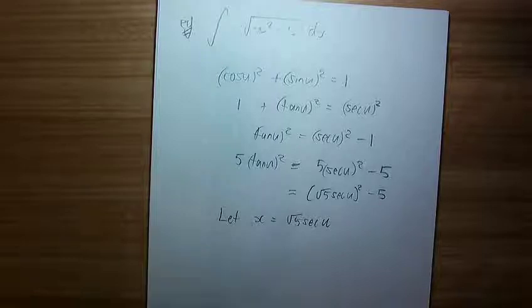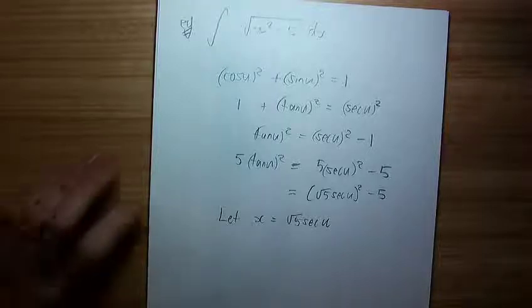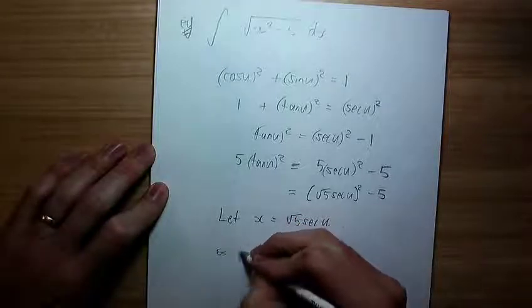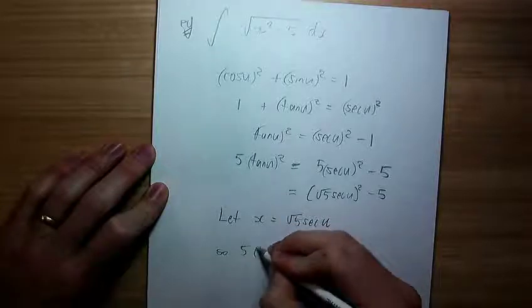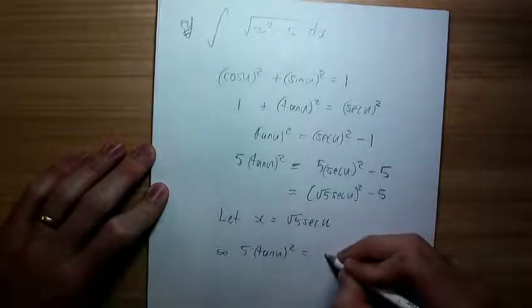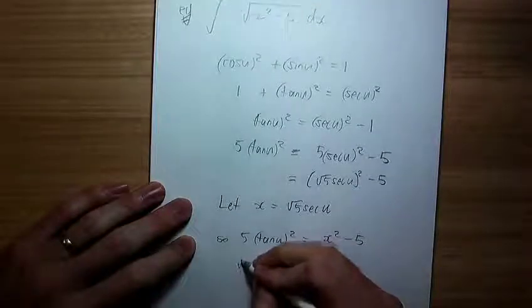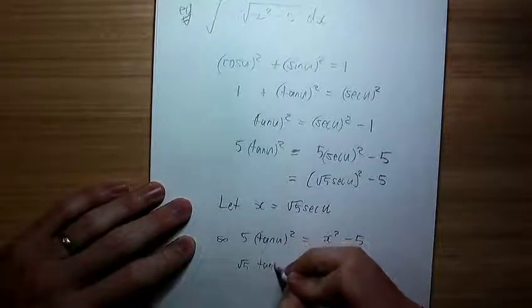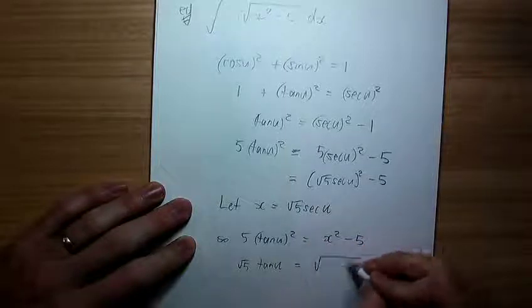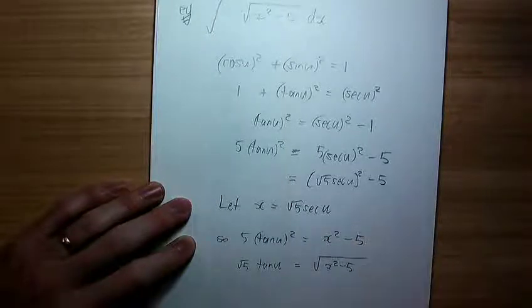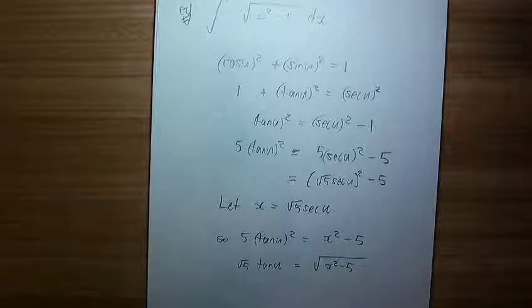Okay. So let's just deal with that thing there. So that means that now 5 tan u squared is now x squared minus 5. And so when I do the root, I'm going to get root 5. Okay, so we're going to need to arrange for tan to be positive.